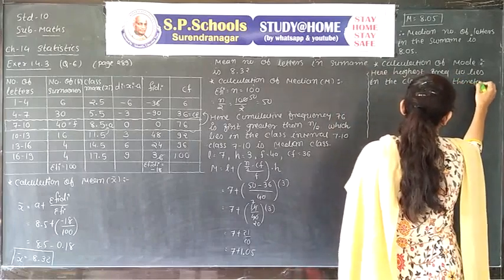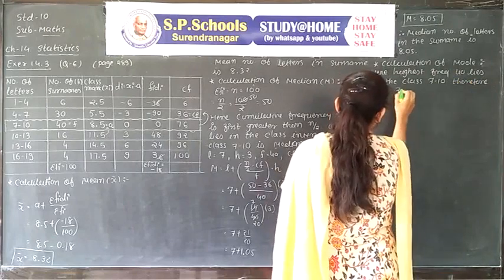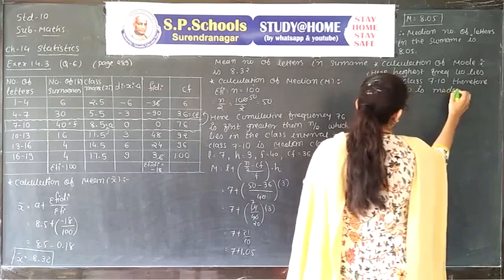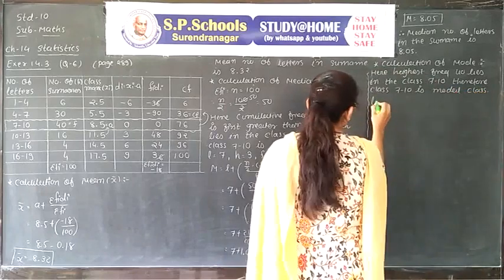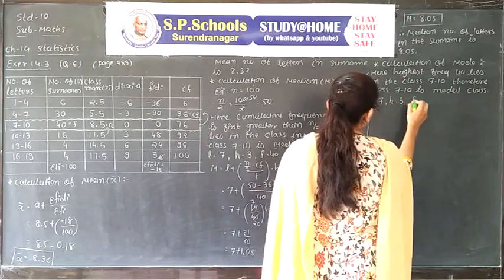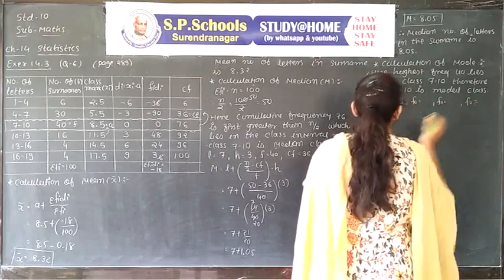Therefore, class 7 to 10 is the modal class. Now we decide L, the lower limit, is 7, class size H is 3, then F0, F1, F2.